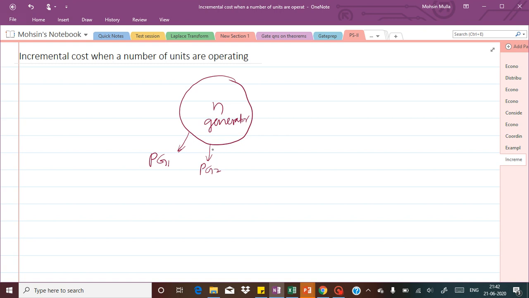Suppose the individual units of this particular plant are generating values like Pg1, Pg2, Pg3, and so on up to Pgn. This plant is generating these different outputs by the different units to meet a particular load demand, which is indicated as PD.